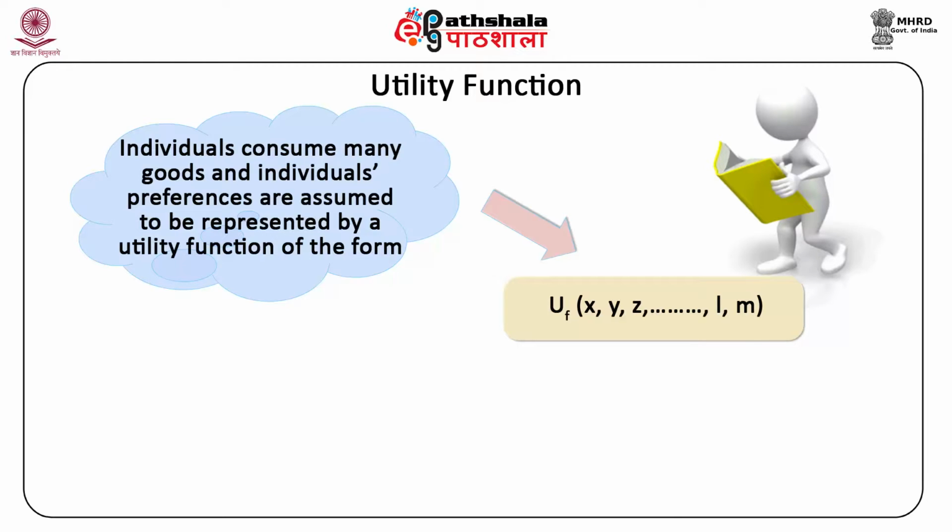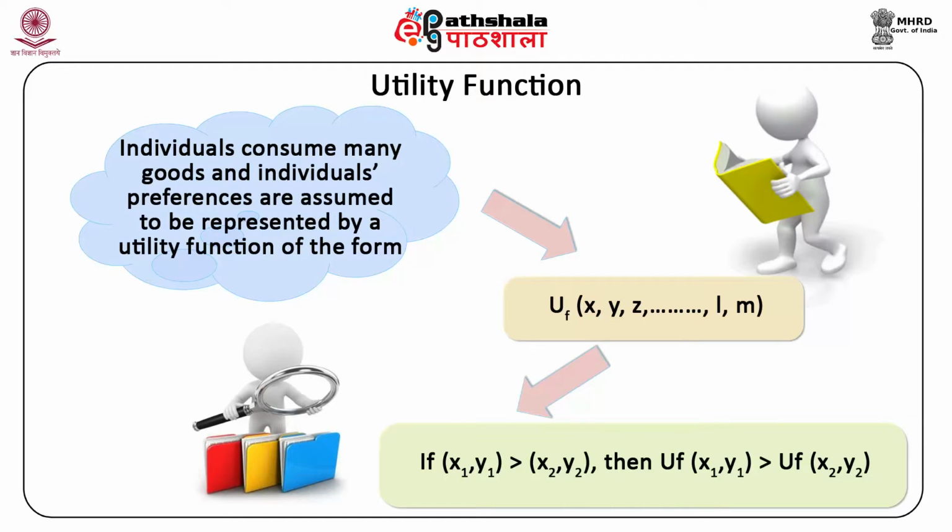So if there are two consumption bundles, x1, y1 and x2, y2, and x1, y1 is preferred to x2, y2, then the numeric value of utility from x1, y1 is greater than the numeric value of the utility from x2, y2.